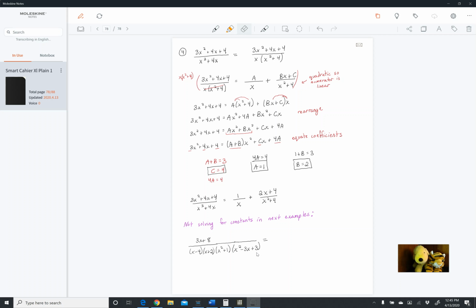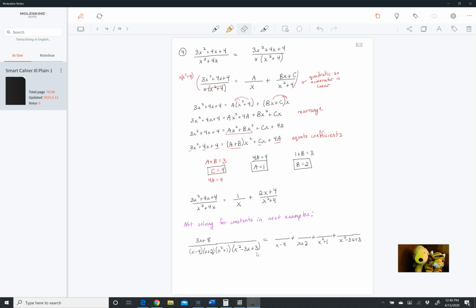So we have 3x plus 8. So the first denominator is going to be x minus 4. Again, the order doesn't really matter because you're adding, but we may as well do it in the order it was given to us. x plus 2, then we have x squared plus 1, and we have x squared minus 3x plus 3. So you should be seeing if you could fill in the tops.